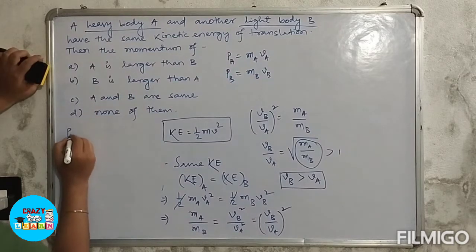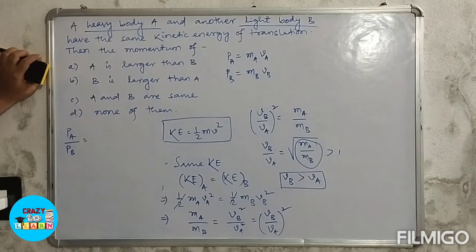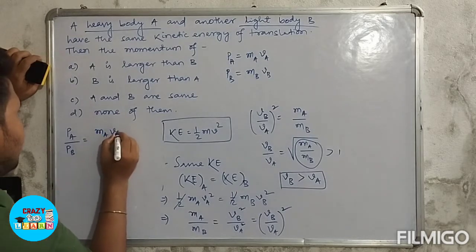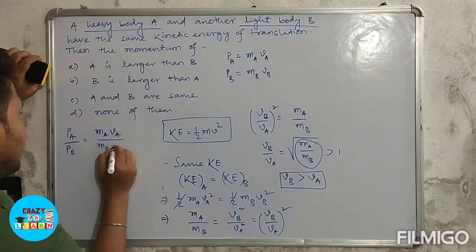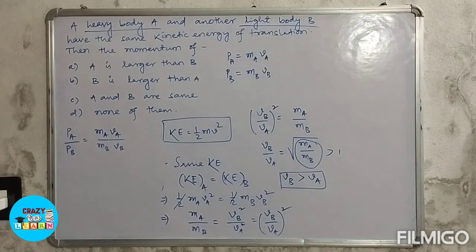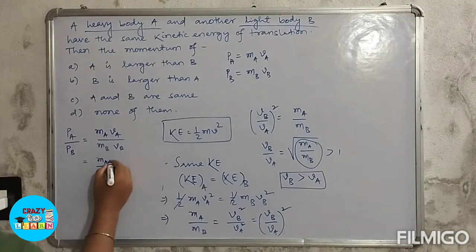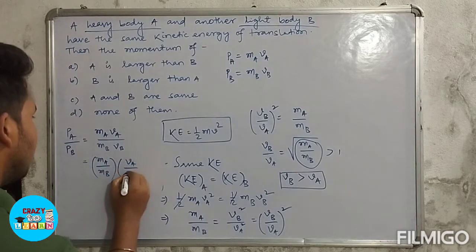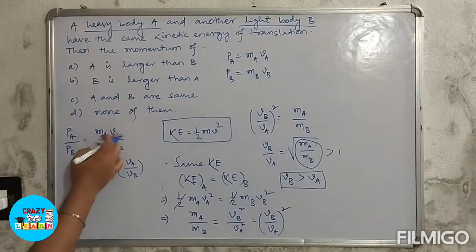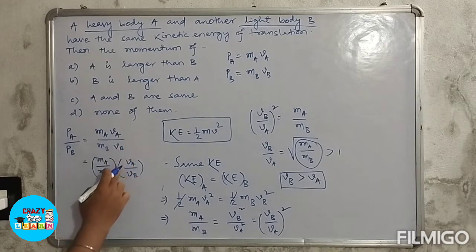Now PA by PB is equal to MA VA by MB VB. Clear?